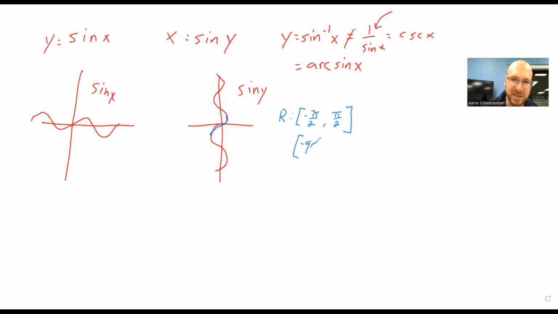In degrees, that'd be negative 90 degrees, 90 degrees. We often talk about it as restricting the domain on the sine function, because if you remember, domain and range and inverses switch.